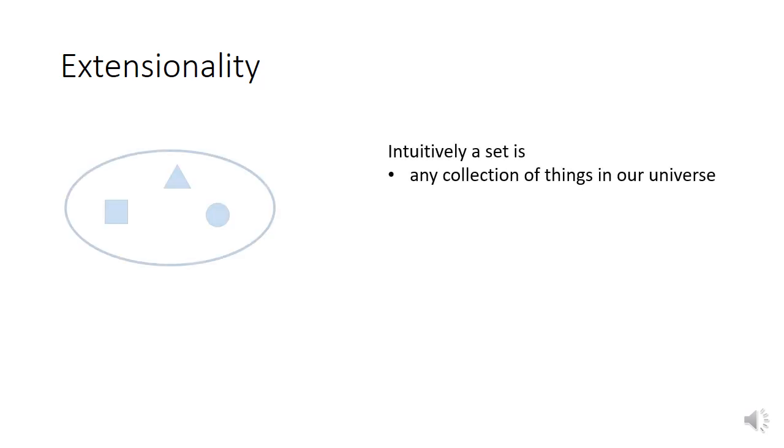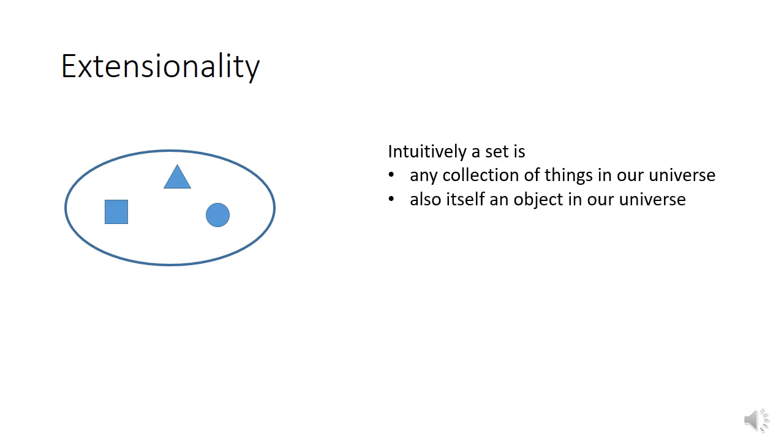What is a set? Intuitively, it is any collection of things that we find in our universe. But it is also itself an object in our universe, namely a set. As it turns out, we have to be careful with the term "any collection", otherwise contradictions may arise. See, for example, Russell's paradox on Wikipedia.